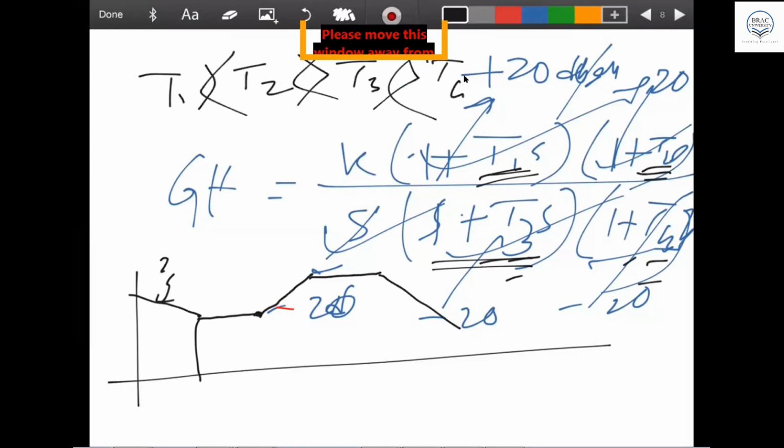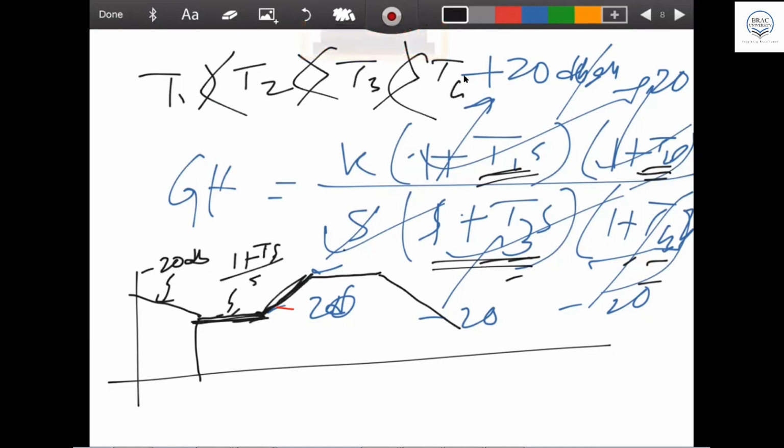Minus 20 dB is coming first from the S. Then it is 0, coming from 1 plus T1S divided by S. So it is 0 dB per decade, because minus 20 and plus 20 cancel. Then plus 20 dB, this one. Again minus 20, 0, again minus 20. Like that it will go.